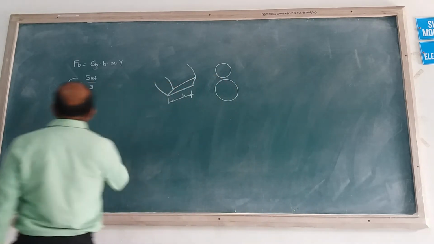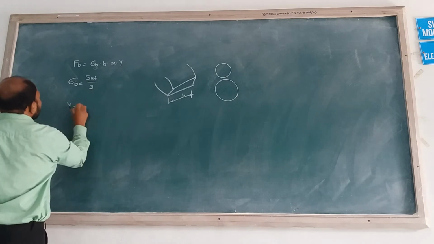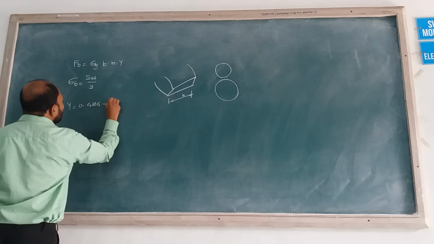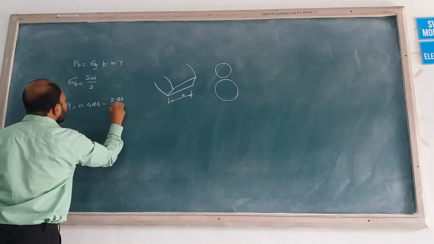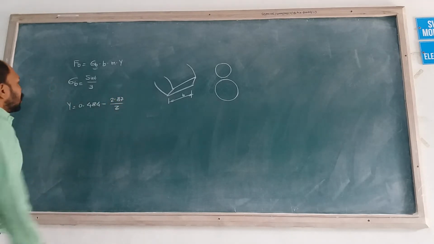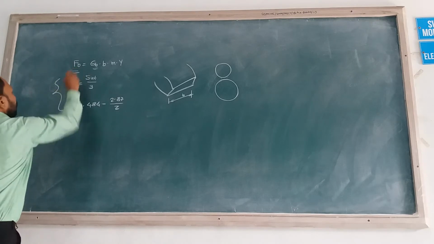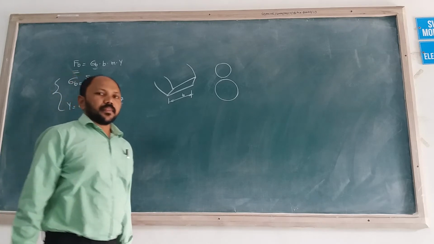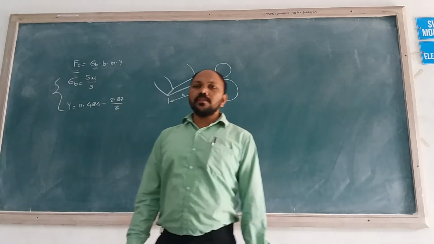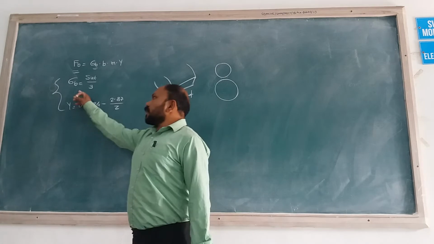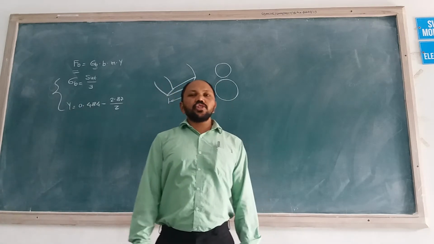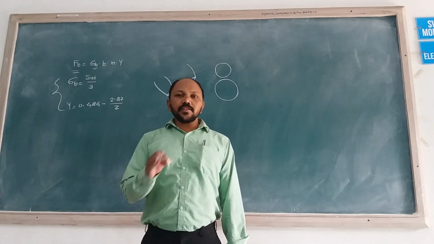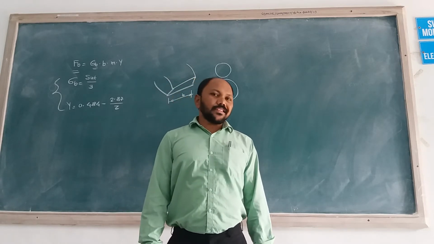If we see the equation of Y, it is Y is equal to 0.484 minus 2.87 upon z. Now, in this formula, these two terms are variable depending on the situation. For example, sigma b is equal to SUT upon 3, that is ultimate tensile strength upon 3. This SUT value depends on material selection.